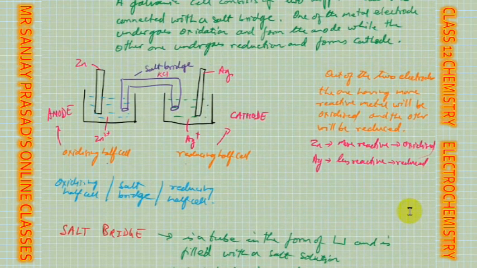That means here when I am taking this KCl, if I take, then that KCl is dissolved in a gel like solvent. That gel like solvent is agar agar, and this end here and this end here, what we'll put? Cotton plugs.